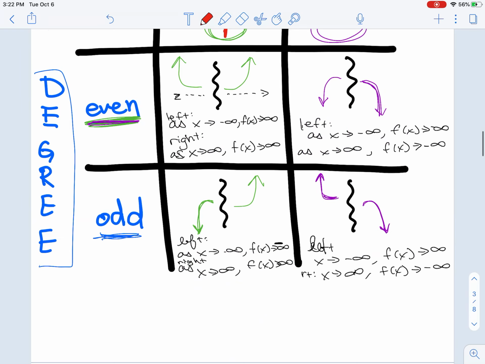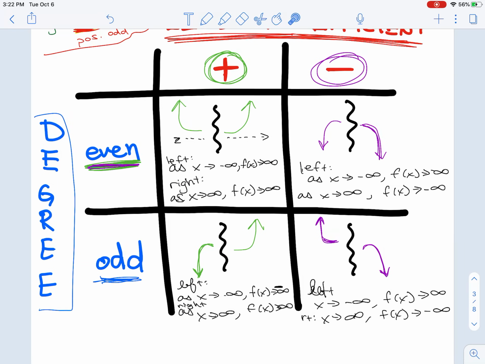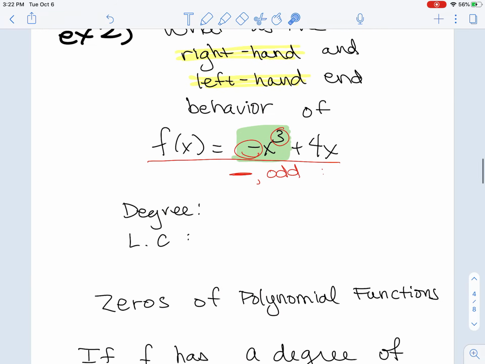So when we look at our graph, let's go up here. Negative odd is going to be, here's our negative and here's our odd, and here's where we're looking. So we know that our graph will be going up on the left side and going down on the right side. So we say the degree is 3, which is odd. The leading coefficient is negative, so it's going to look like this.